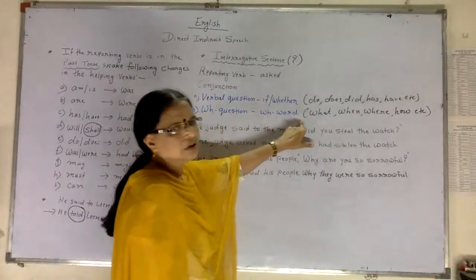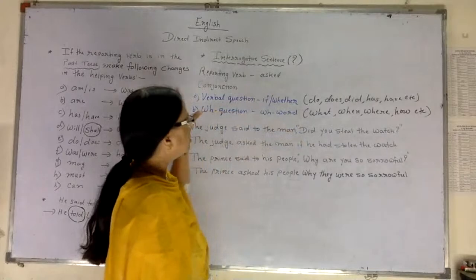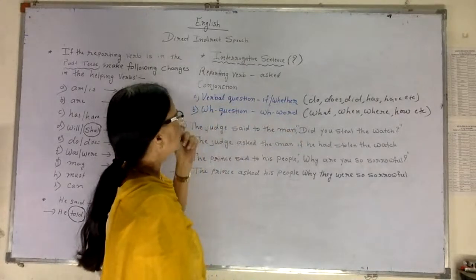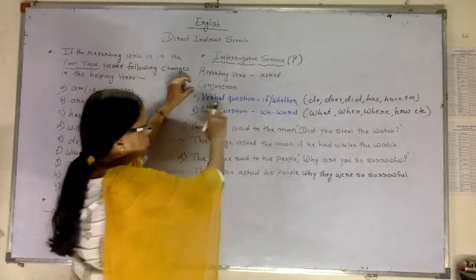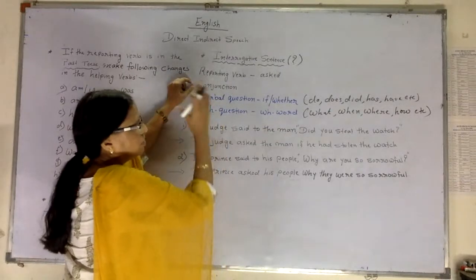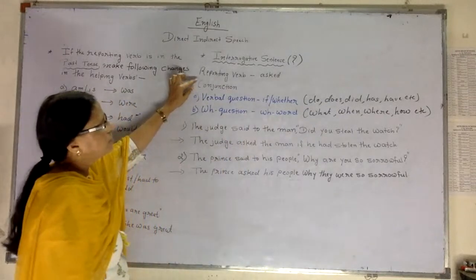And these questions you have to answer in a complete statement. So the rules change. A few very minute changes are there in reporting questions when you are changing from direct to indirect according to these types of question.